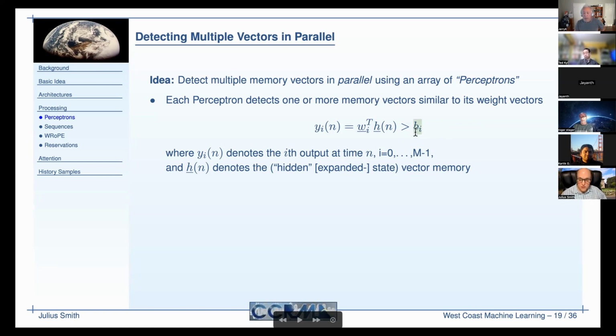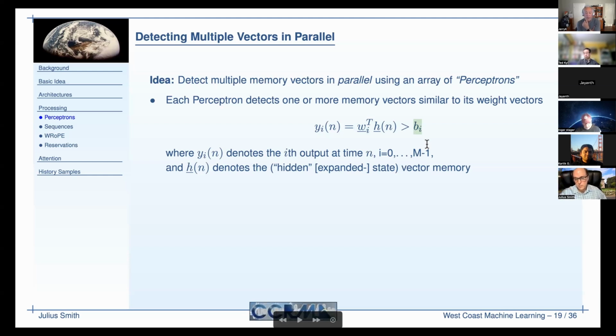And so by setting this threshold, we can control how similar the stored vector has to be to the query vector. So that threshold gives you that control. How similar, how large is the neighborhood we're willing to search.